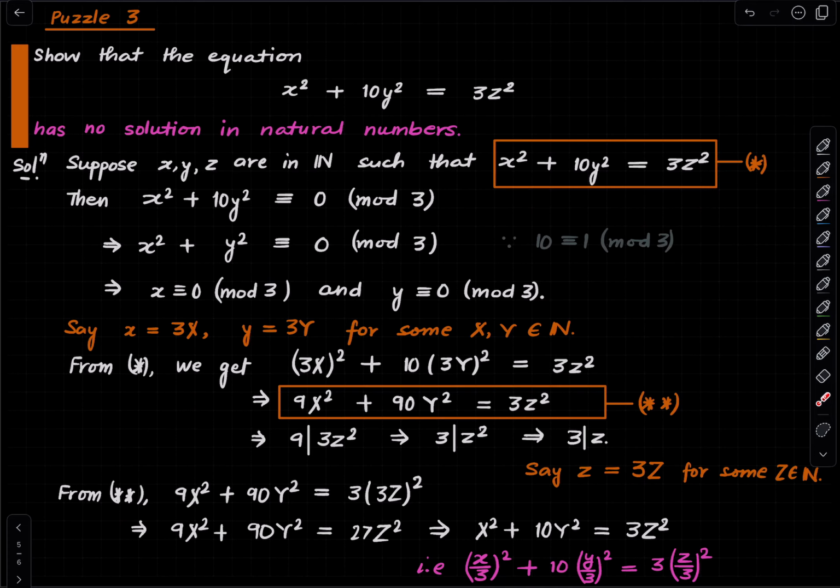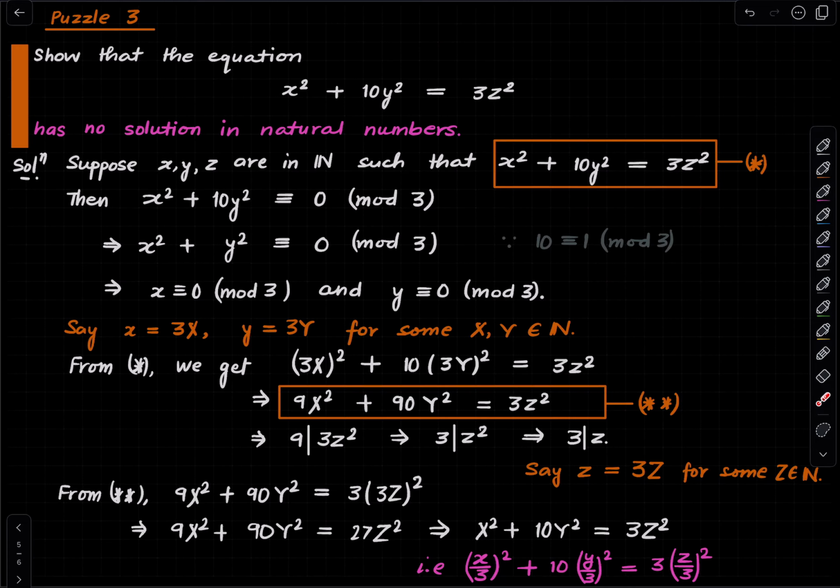But since x is a natural number, you cannot possibly keep going. At some point, this will stop being a natural number. If you raise 3 to a sufficiently high power, x by 3 won't be a natural number. But this reasoning shows that x by 3 will be a natural number. So we have a contradiction. And you should be very clear about this. If it is unclear why we are achieving a contradiction, please stay on it.